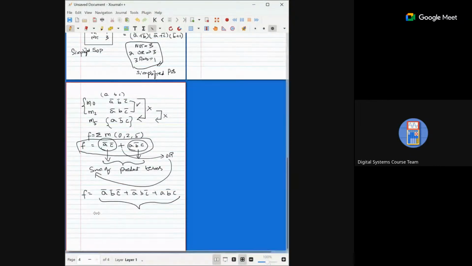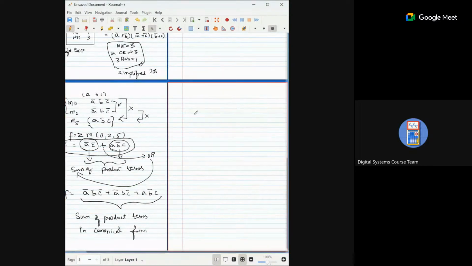So it is called a sum of product terms in canonical representation, or canonical form. Canonical form means I am supposed to write with all the terms.